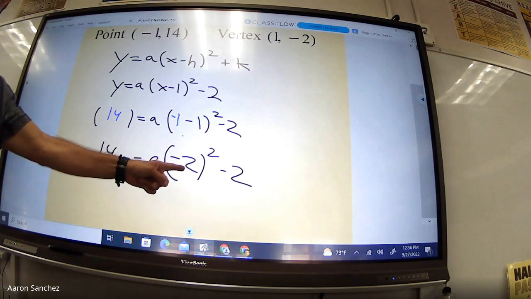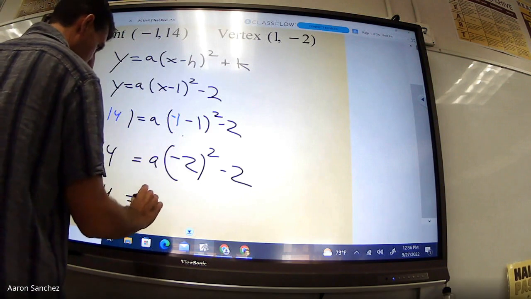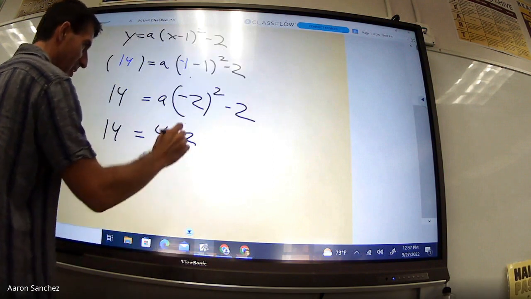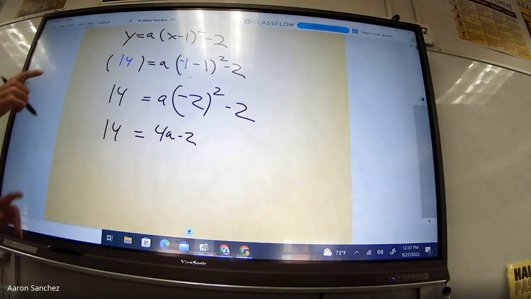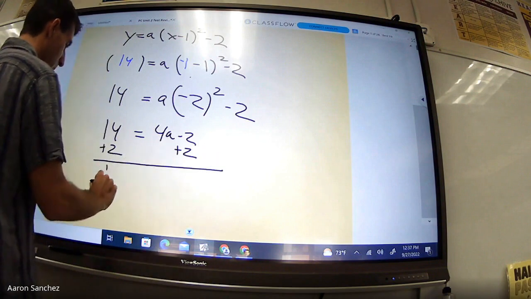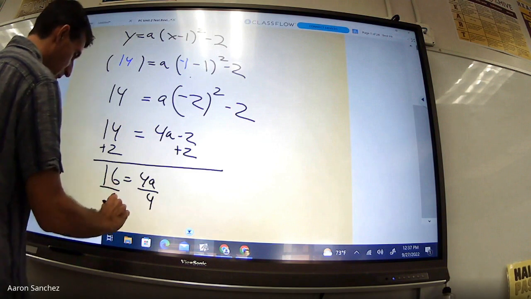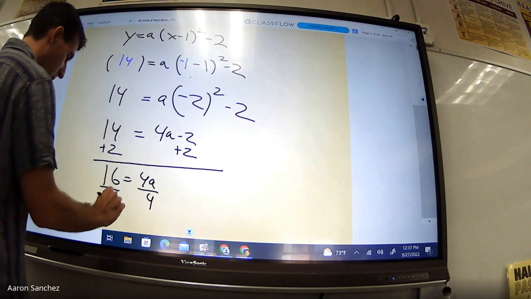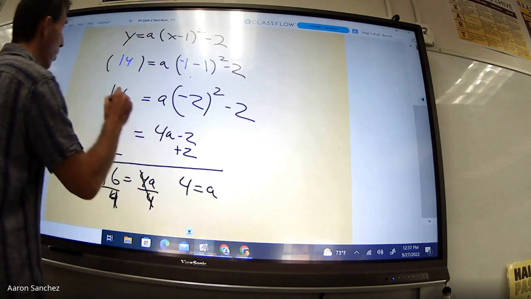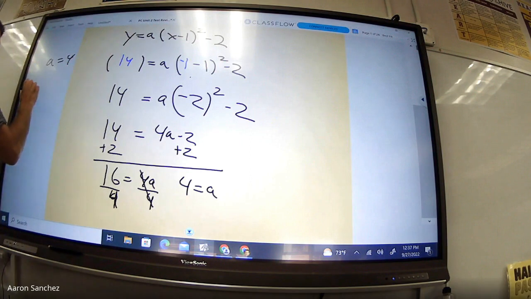Exponents next. -2 squared is 4. So 14 equals 4a minus 2. I just put the 4 in front of the a. Then you add 2. 14 plus 2 is 16 equals 4a. I divide by 4, and I get a equals 4.